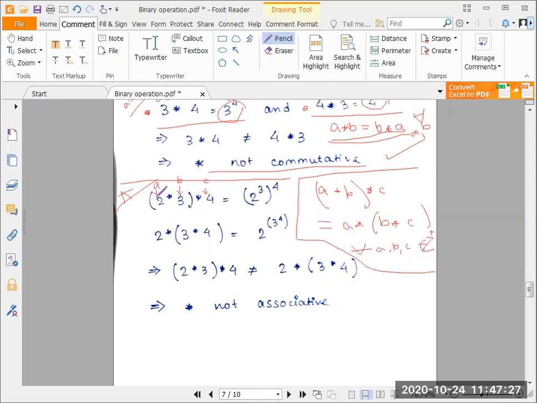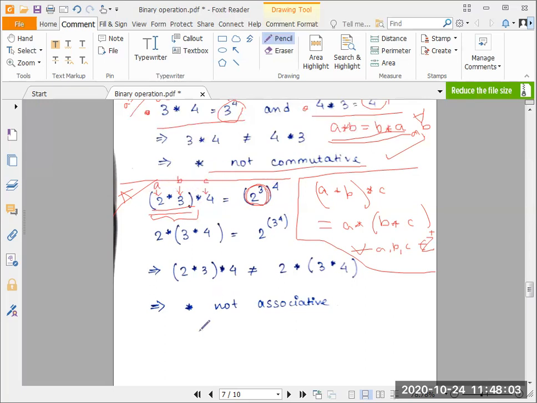So when I say A star B star C, it essentially means take it step by step, one notch at a time. 2 star 3 is 2 raised to the power 3, because A star B is A raised to the power B. Then you take this as a single element, and say this entire element star 4, which means this entire element raised to the power 4.